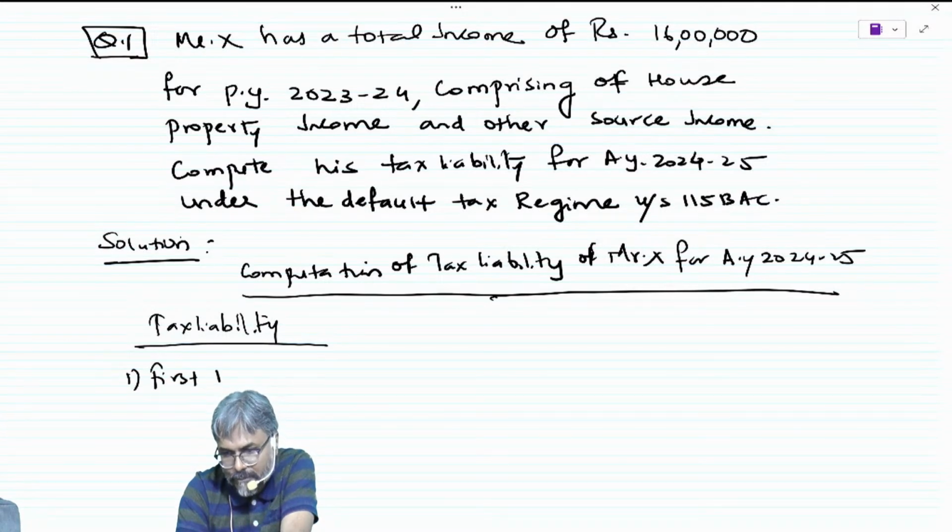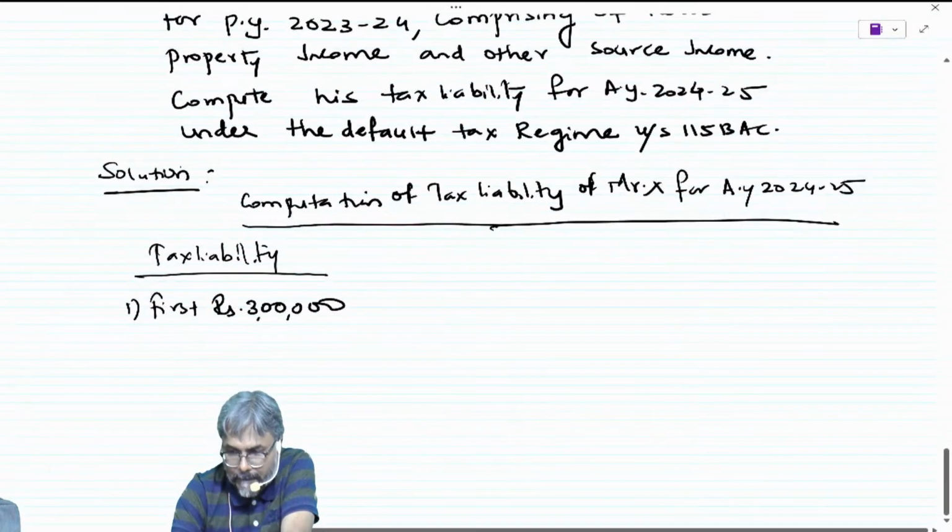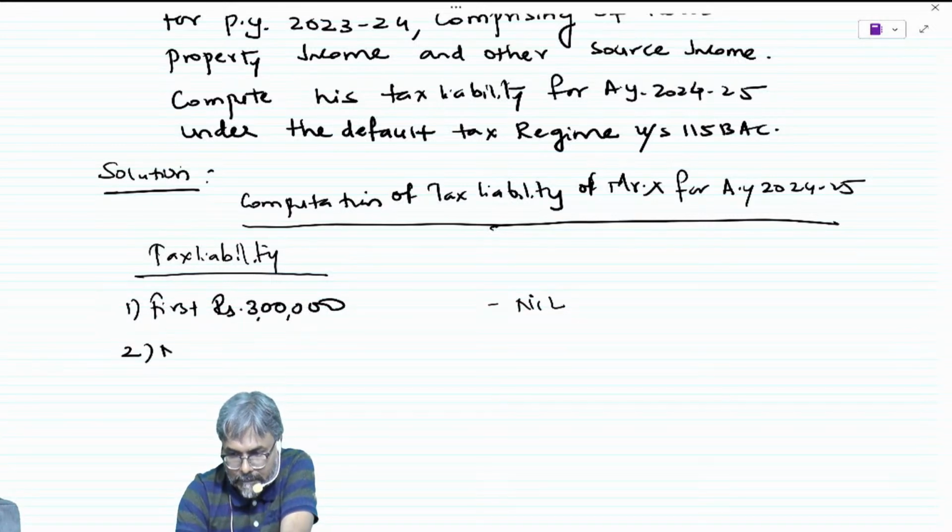First rupees 3 lakh, students. The answer is nil. All of you agree? Next rupees 3 lakh to rupees 6 lakhs.